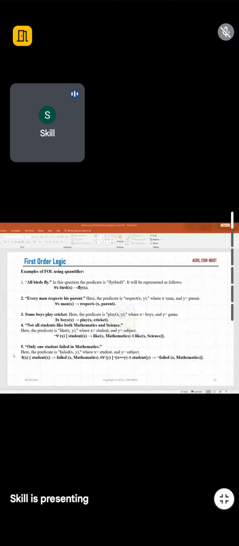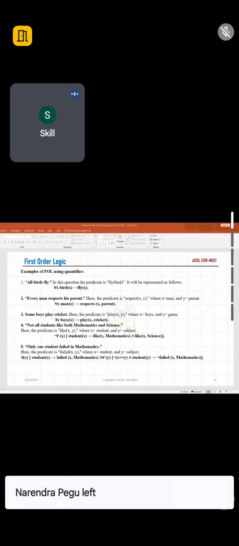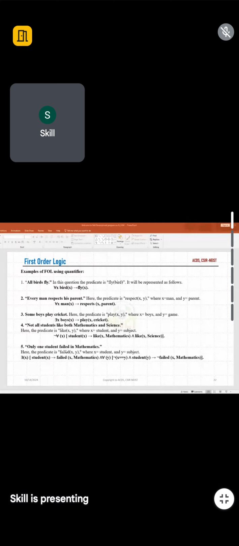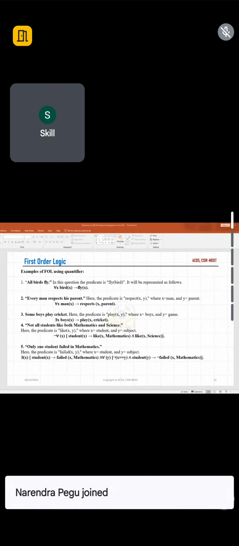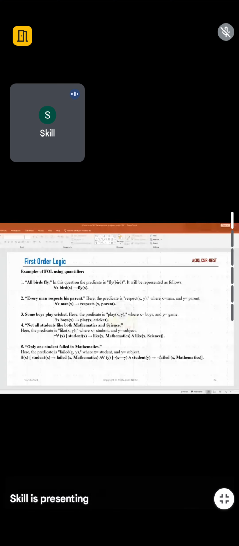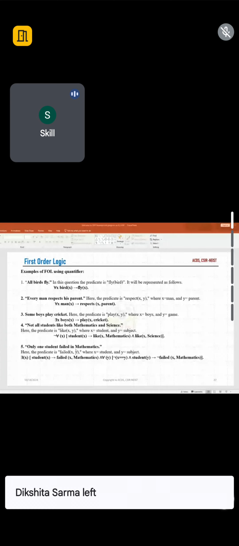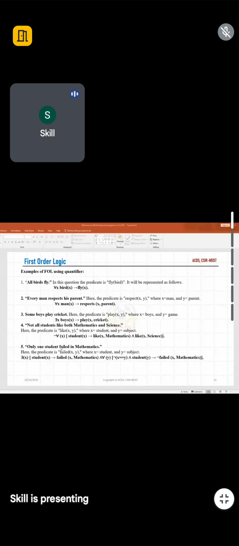So here you can write it as there exists x, in brackets, student(x), then failed(x, mathematics), and y, as we have written y equals subject, and in brackets we will write again x is not equal to y, as we are writing here x equals student and y equals subject.